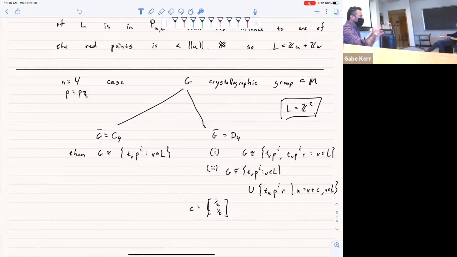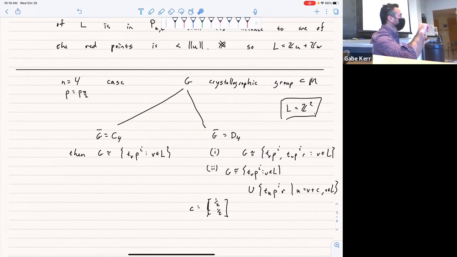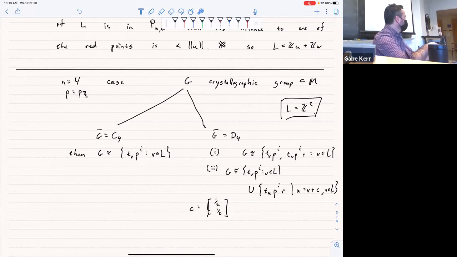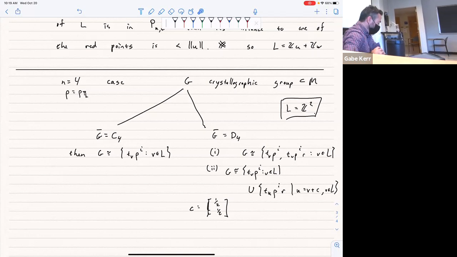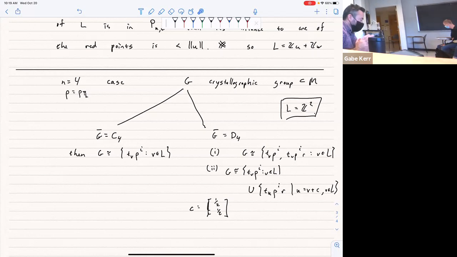But how do you glide? You glide not completely along the lattice, but at a half rate, diagonally. This is the only possibility once you fix your square lattice, gliding to the center of your square. So anyway, that's the result.